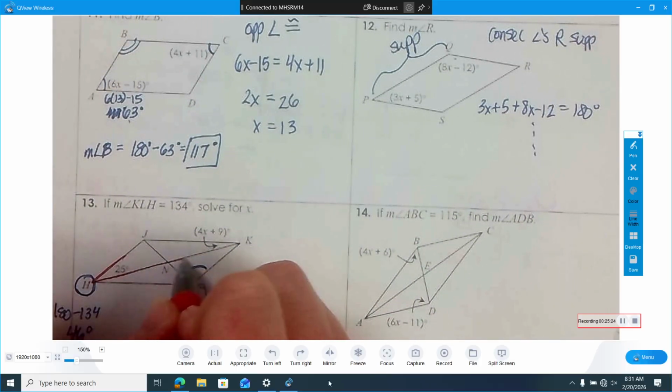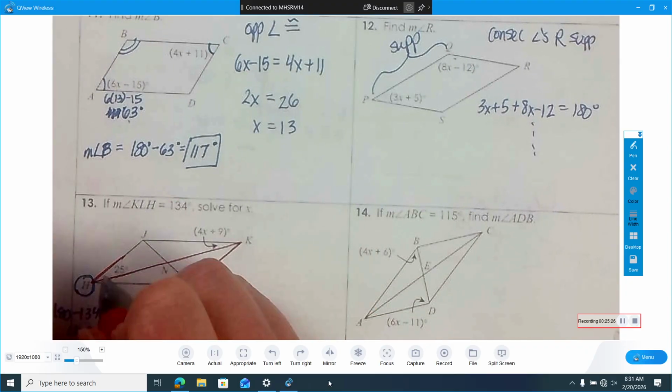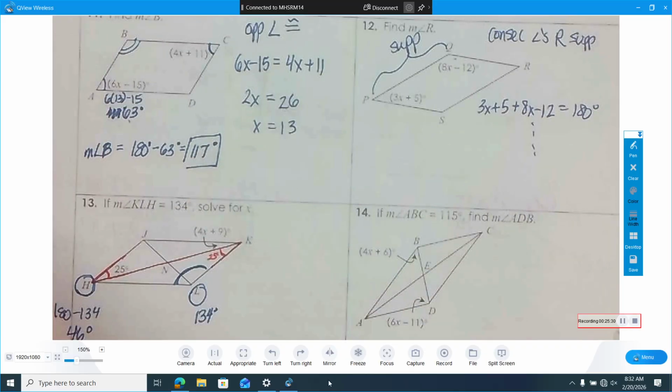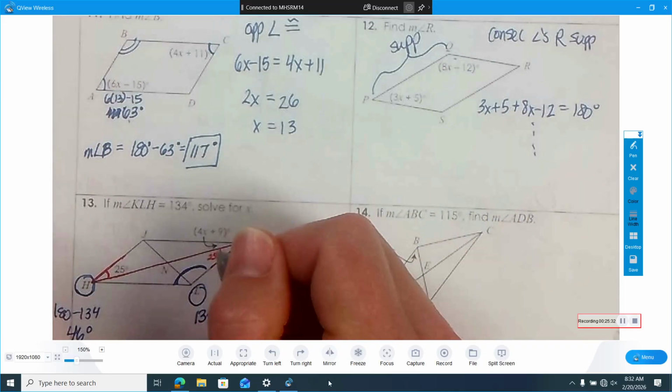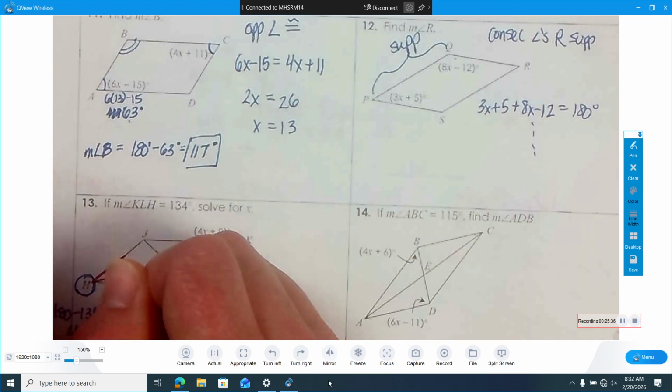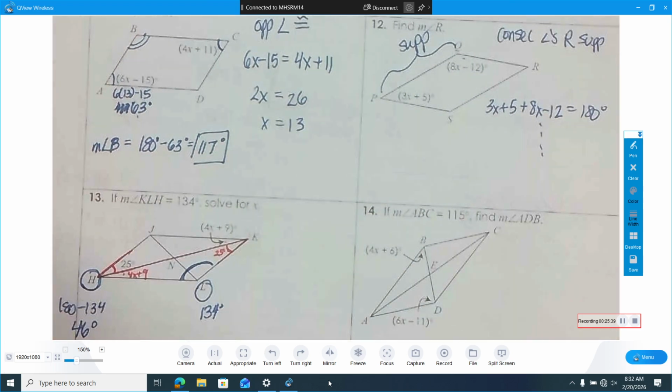Okay. And then, Maggie, you said that 25, so we know we have alternate interior angles here, so this would also be 25. But also, 4x plus 9 is up here. It'd be also down here, 4x plus 9. We have alternate interior angles are congruent.